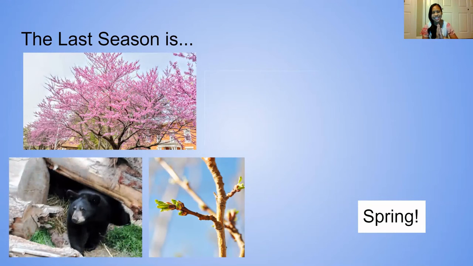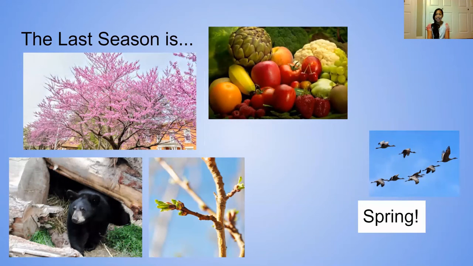And of course, all of our animals, they come out of hibernation. So there's Mr. Bear, and he's come out of hibernation. And all the birds come back. So they also migrate back north during the springtime because it's nice and warm again. And all of those lovely fruits and vegetables start to grow again.